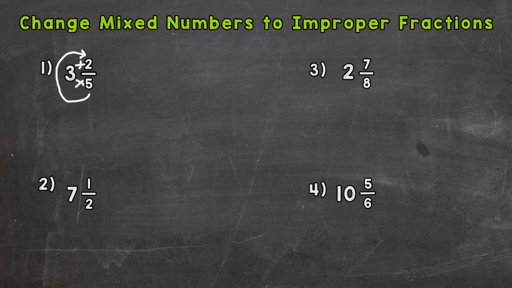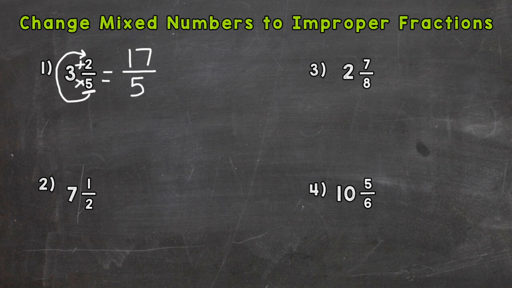So we would do 5 times 3 plus 2. So 5 times 3 is 15, plus 2 is going to give us 17. That's going to be the numerator of our improper fraction. And then we just keep the denominator, the 5, the same.